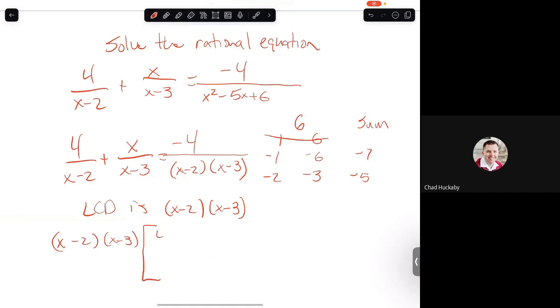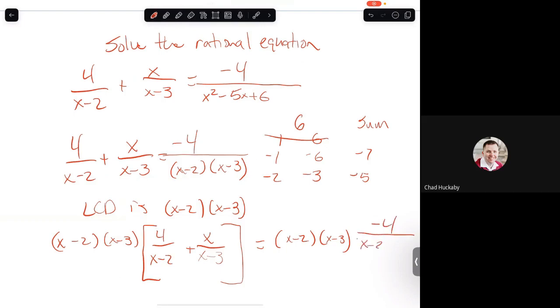Times 4 over x minus 2 plus x over x minus 3 is equal to, again, multiplying both sides by that LCD, times -4 over x minus 2, x minus 3. Now, luckily, this doesn't get too complicated because things will cancel out.